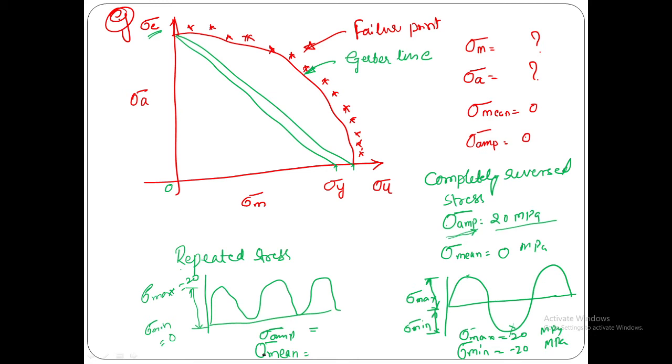How much did you get? Sigma amplitude equal to sigma mean. 10 megapascal for both cases. Yes, sir, both equal to 10 megapascal.